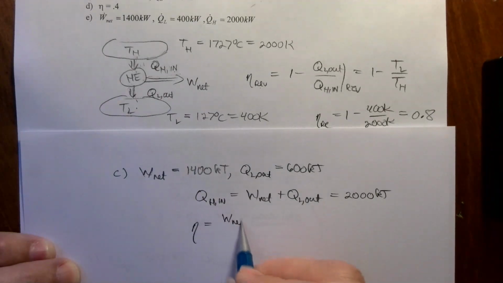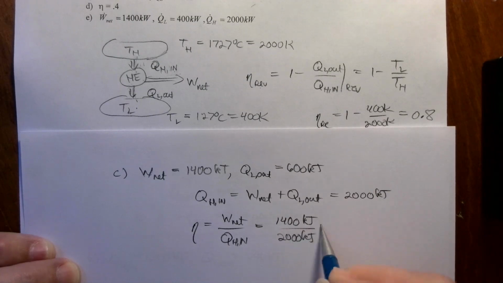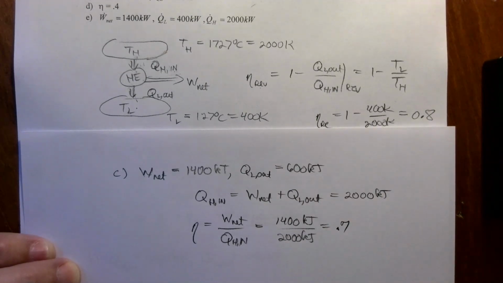So this will be W net divided by QH in. For this case I get 1400 kilojoules divided by 2000 kilojoules, so 0.7. So that 0.7 is less than the 0.8 for the reversible case.